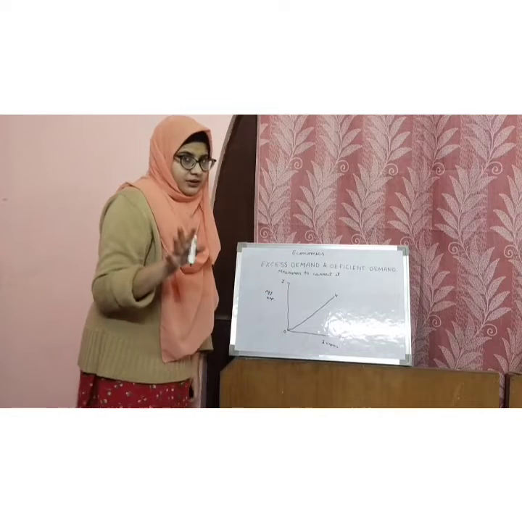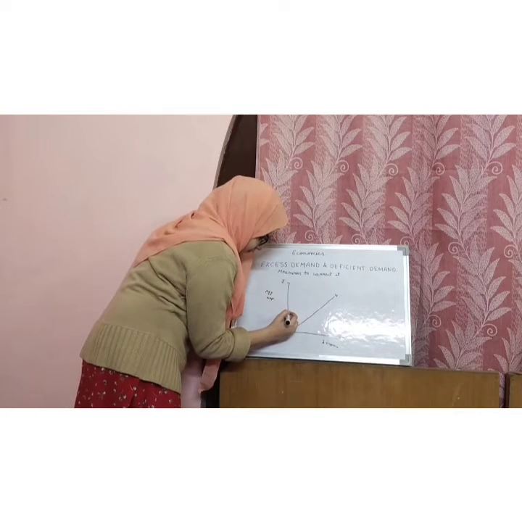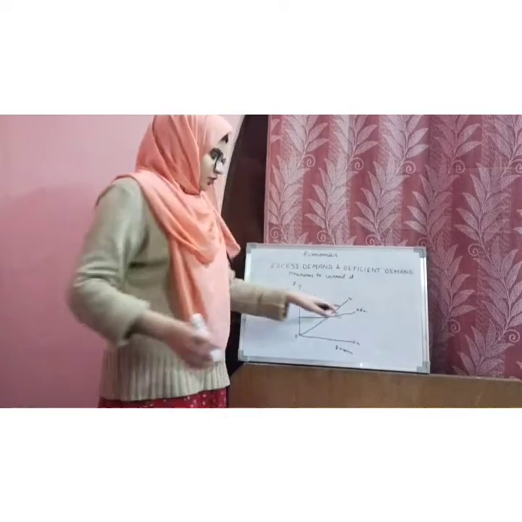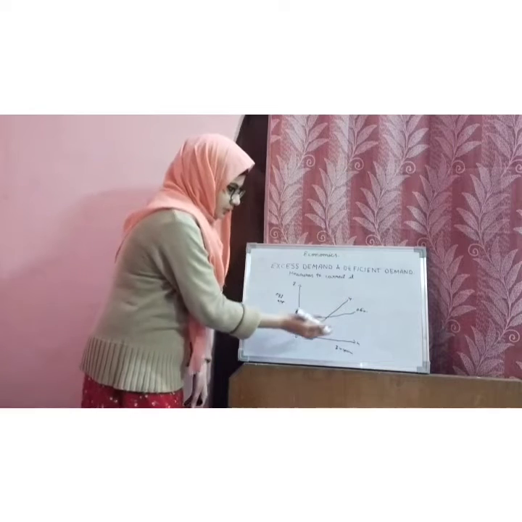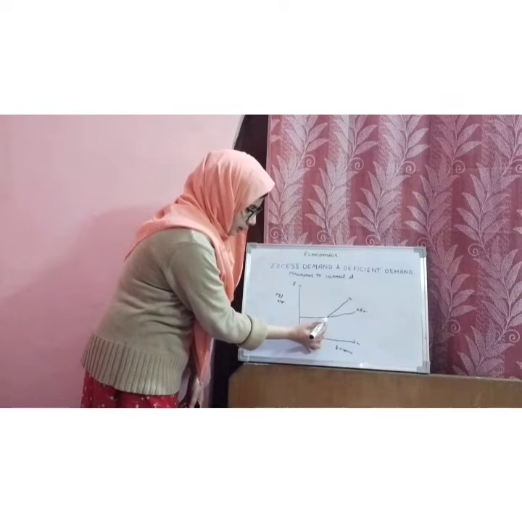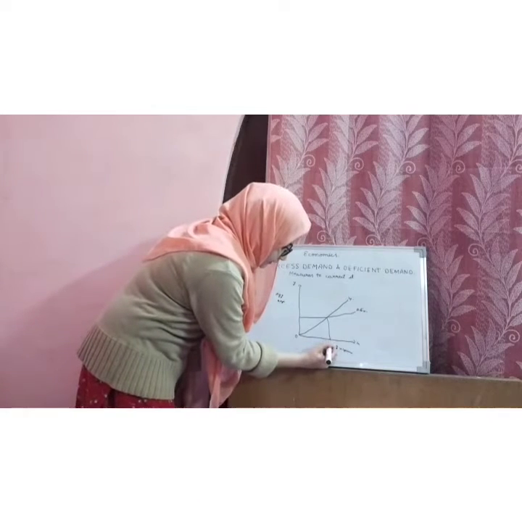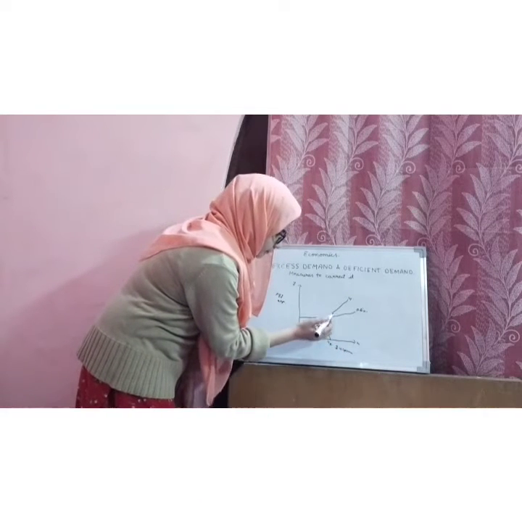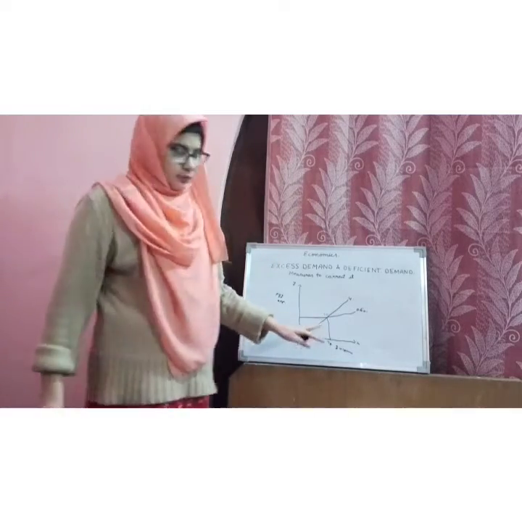And the initial aggregate expenditure is this. So this is the initial aggregate expenditure AE0. At this AE0, the equilibrium is at full employment. This is the point of full employment OYF. Equilibrium will be at E0. This is the point of full employment.